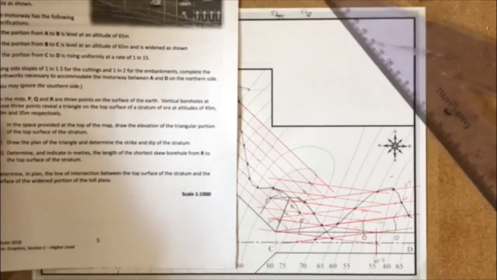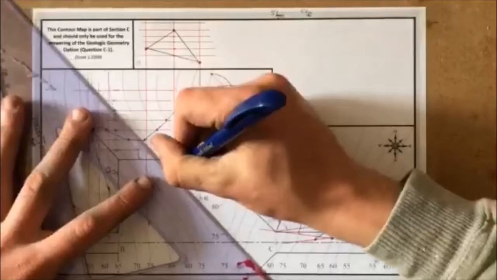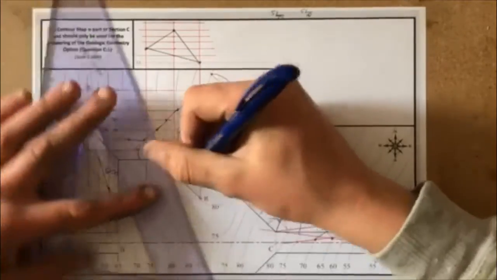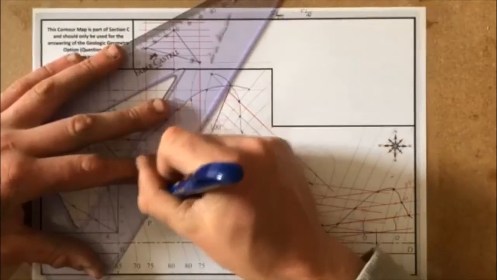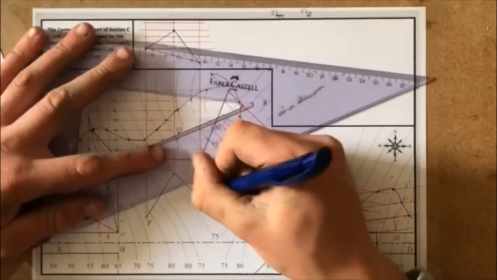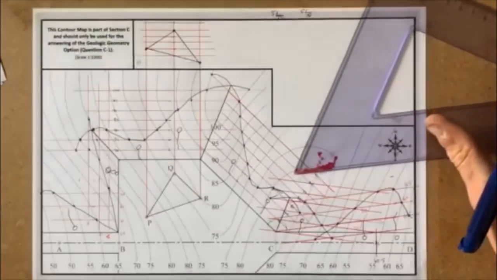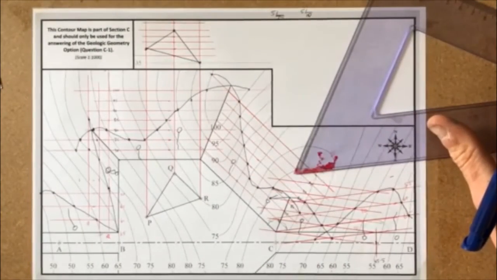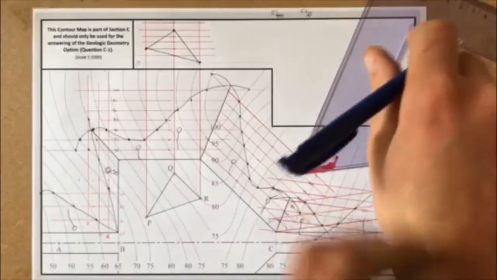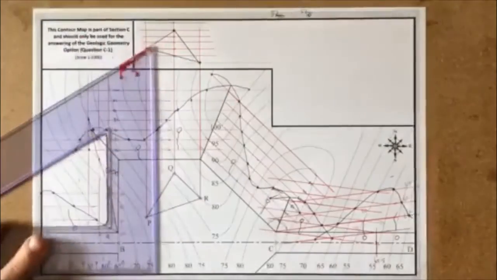Draw the plan of the triangle and determine the strike and dip of the stratum. Okay, so drawing our plan here. Right, so how do we determine the dip and the strike? What we need to do is get a true length line.